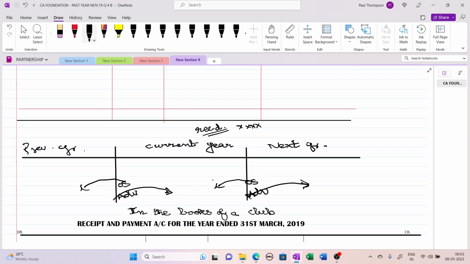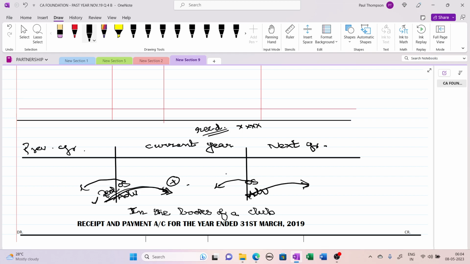Whatever falls inside the current year, you have to add. This amount is received in advance in the previous year but pertains to this year, so you have to add it.